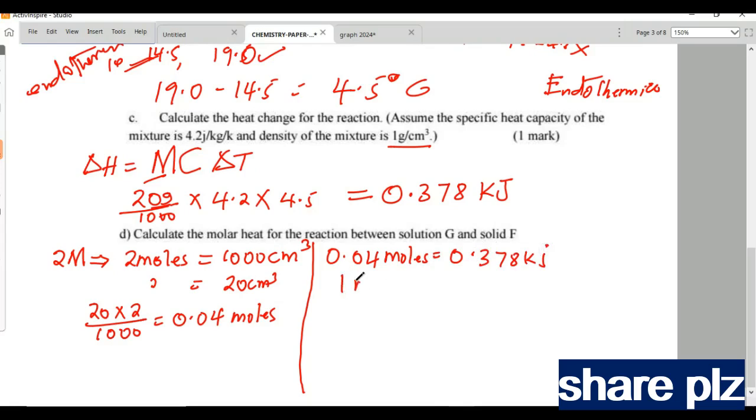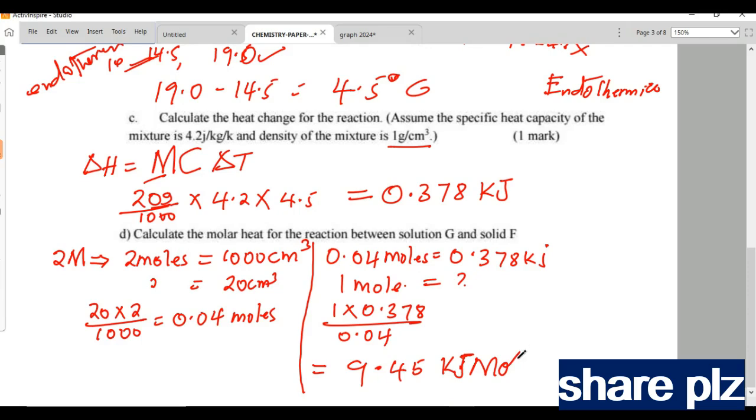We want to know 1 mole, because molar means 1 mole, will contain how many? 1 times 0.378 divided by 0.04, and this one will give us 9.45 kilojoules per mole.